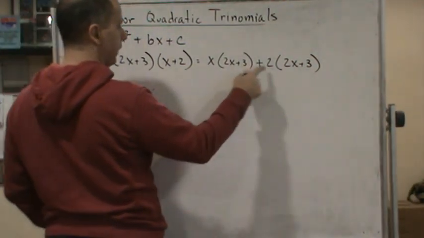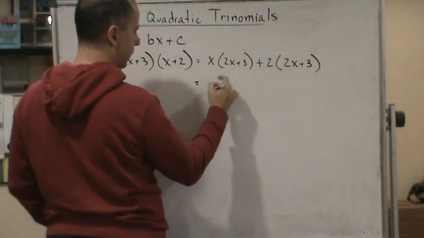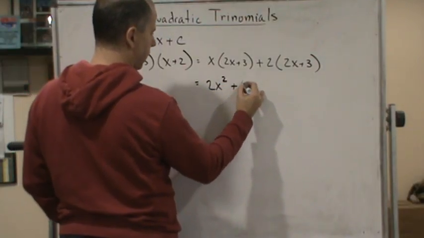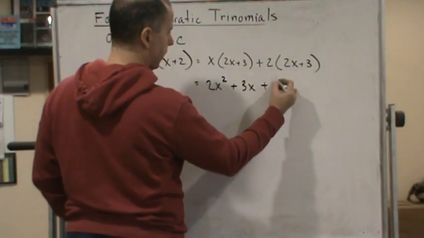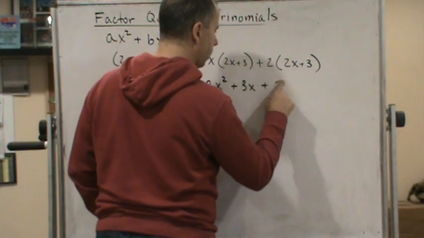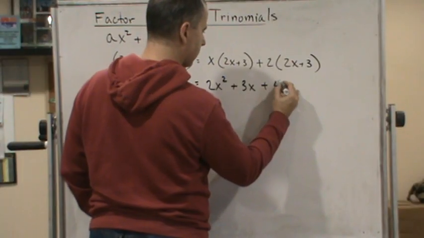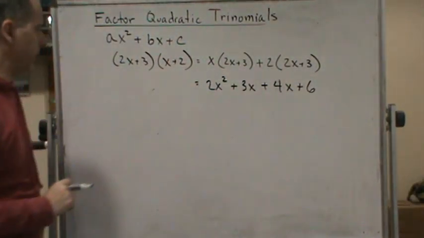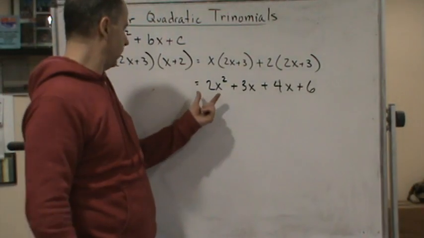Now we're going to distribute again. We're going to distribute the x here. So that's going to give us 2x squared plus 3x plus 4x plus 6, right? And just double check.